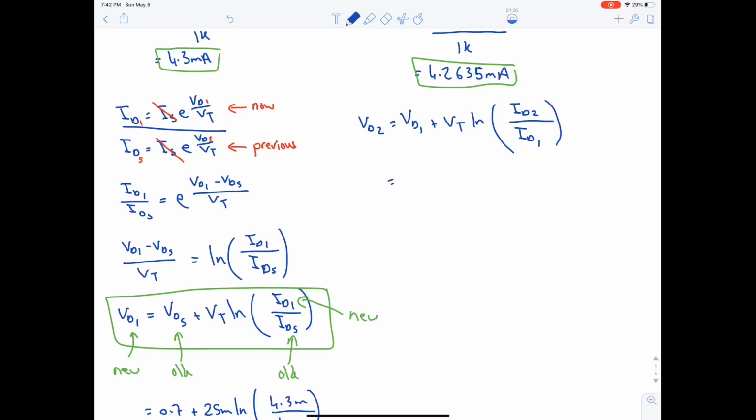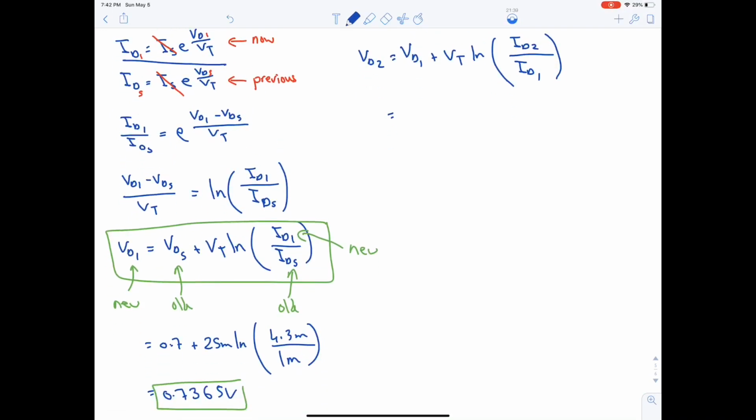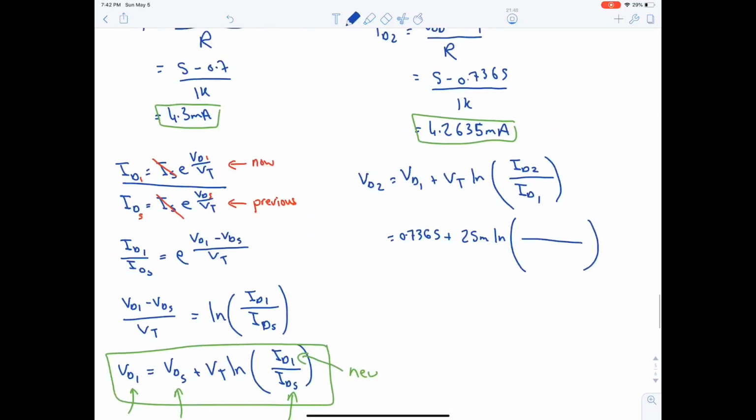So VD2 is equal to 0.7365 plus 25 milli ln ID2 is 4.2635 milli over 4.3 milli. This will result in 0.733 volt. Now, this is the exponential model.